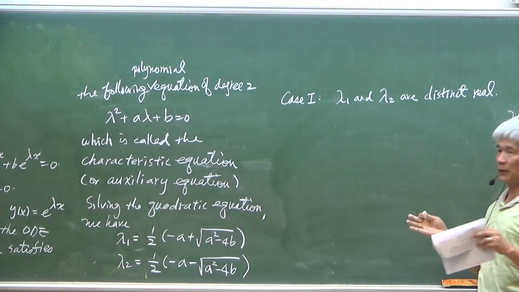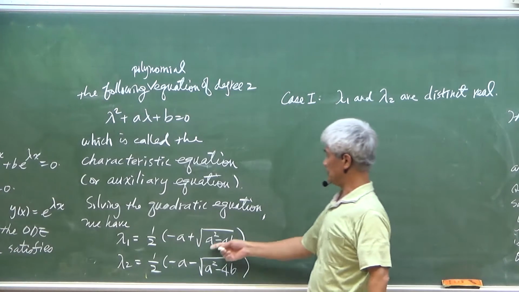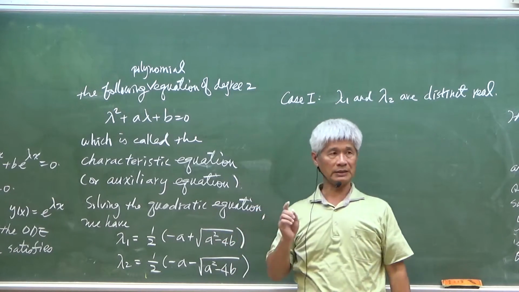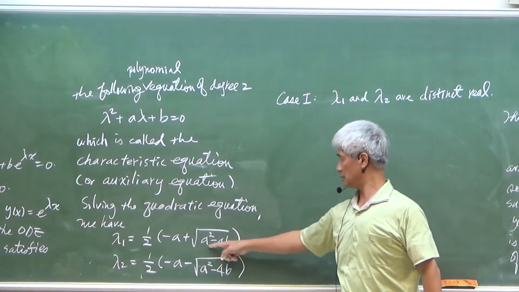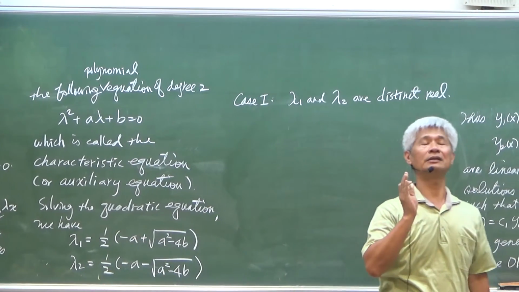If lambda 1 and lambda 2 are distinct real, which means that a squared minus 4b is positive, then lambda 1 and lambda 2 are real and distinct.